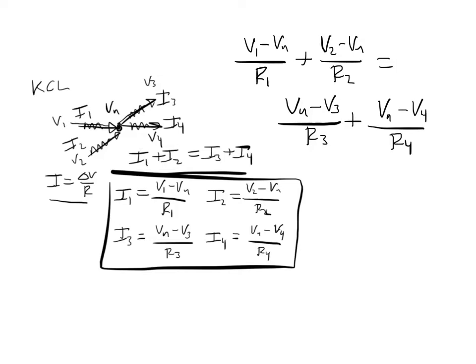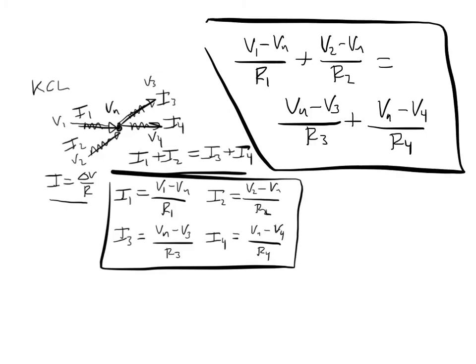So now we can take this one equation, if we know our voltages V1, V2, V3, and V4, and our four resistors R1, R2, R3, and R4, then we can rearrange it and just solve for Vn. So here's a way we can combine our Kirchhoff's current law with our Ohm's law.